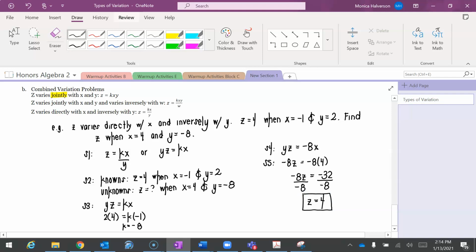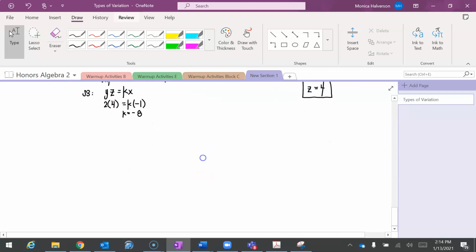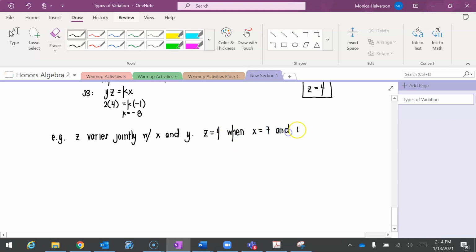All right. I'd like you to do one on your own. z varies jointly with x and y. z equals 4 when x equals 7 and y equals negative 2.